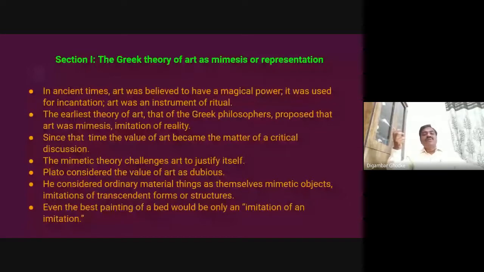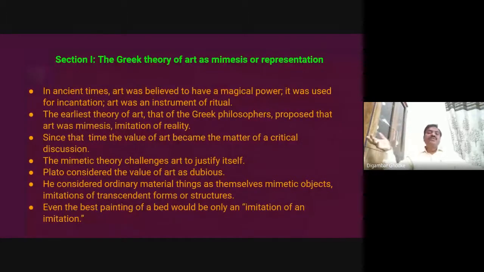For example, you are already familiar with the fact that Plato considered the value of art as dubious. It is of no use in an ideal society. He thought that the poet should be banned. He considered ordinary material things as themselves mimetic objects.